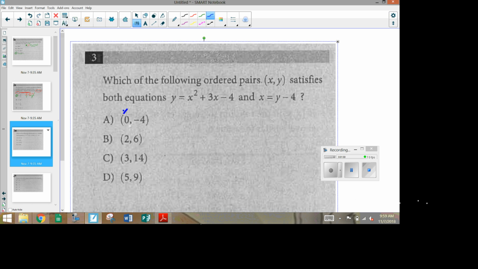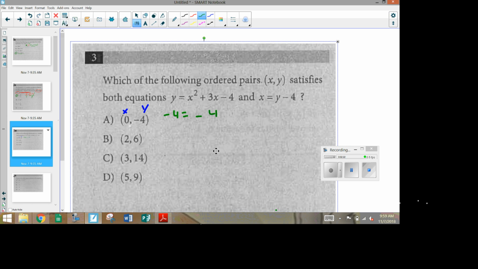These are x's, those are y's. So when I plug in 0 for x, what's the point? Y is equal to negative 4, right? x is 0, so we get 0, negative 4.